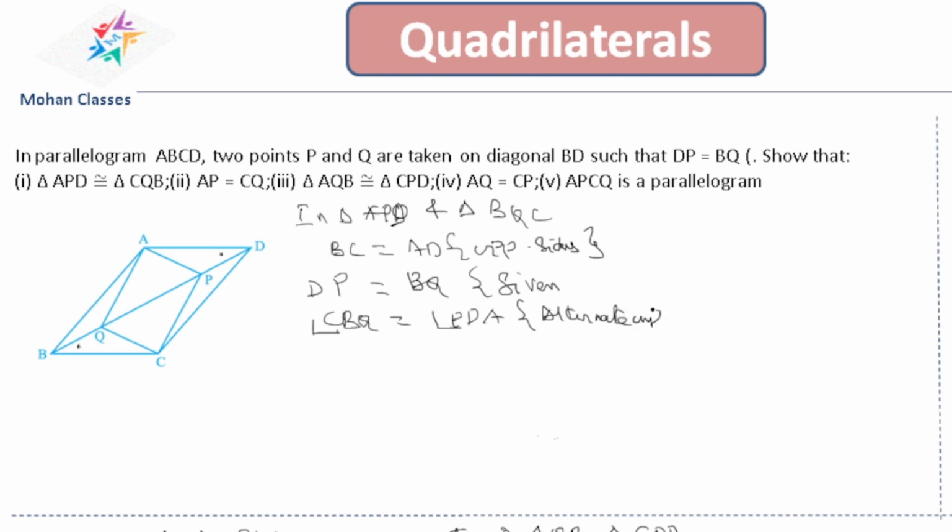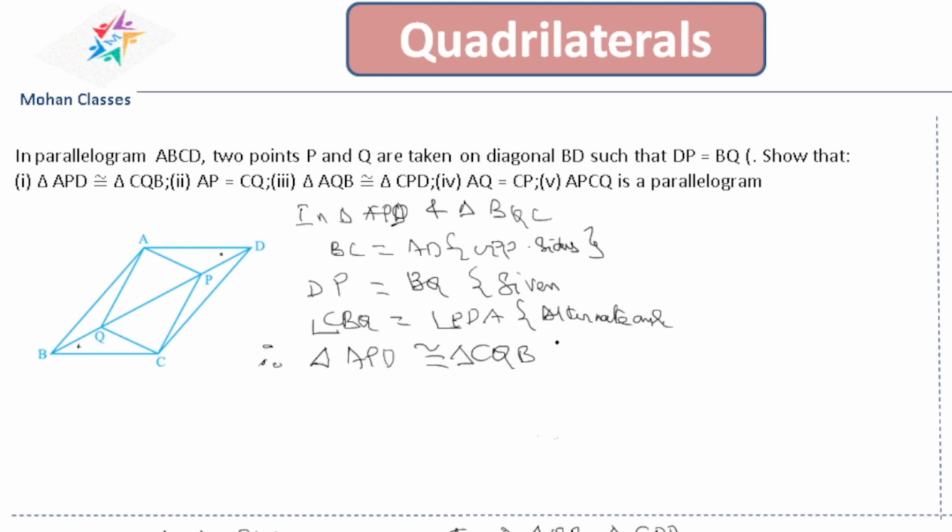Okay. Therefore, it satisfies SAS, right? Therefore, triangle APD is congruent to triangle CQB or BQC, both are same.